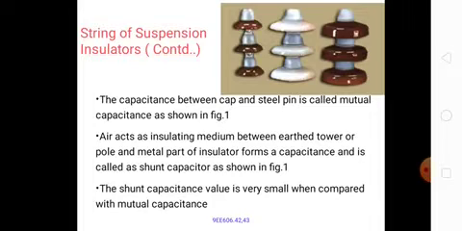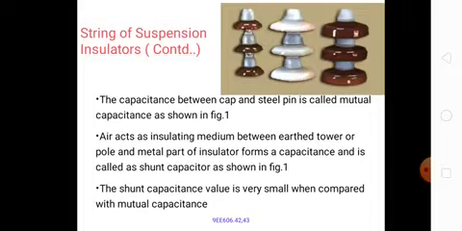In this case we are considering only two capacitances, mutual capacitance and shunt capacitance.